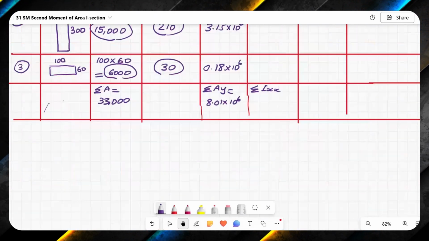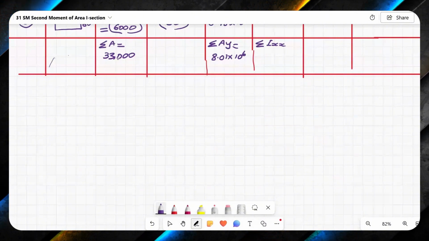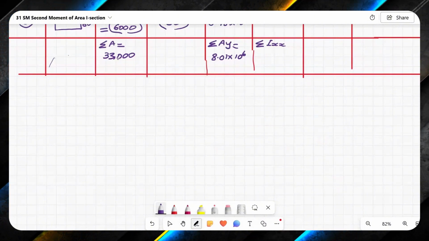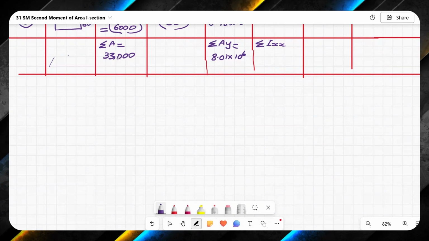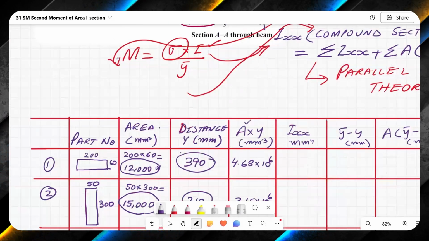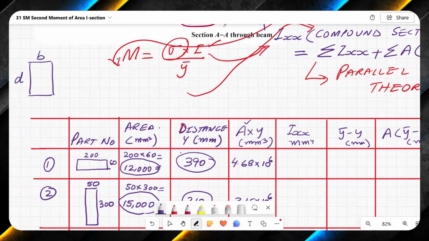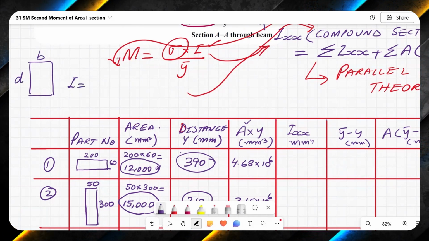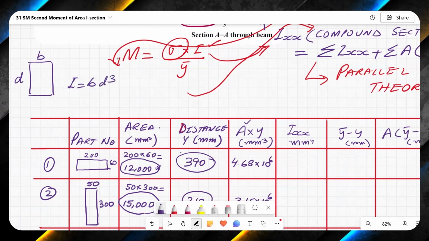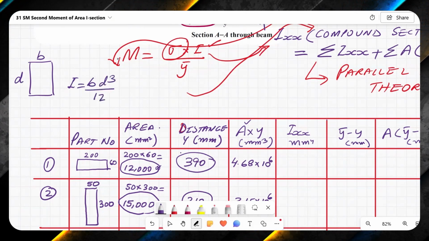And as you remember previously, for rectangular sections, if this is B and if this is D, I is equal to BD cube over 12.